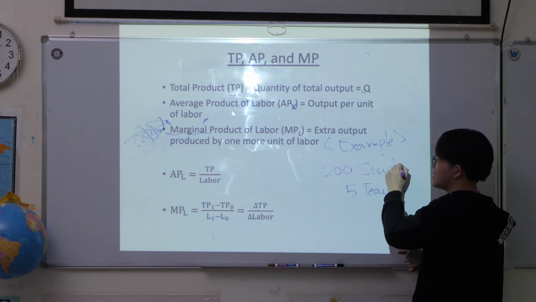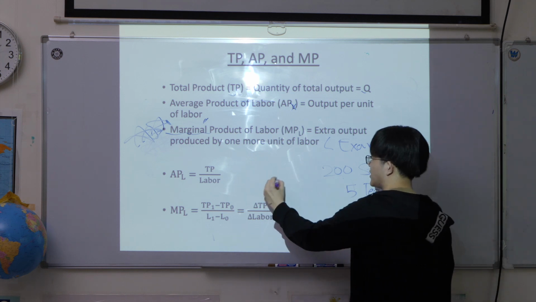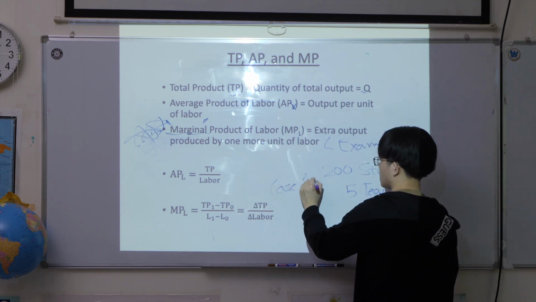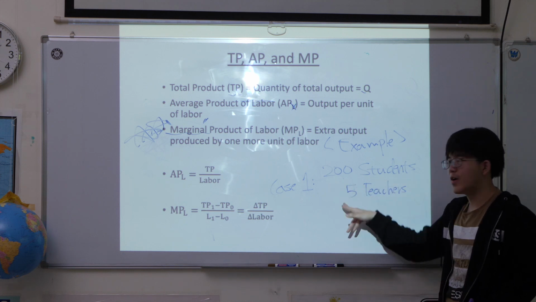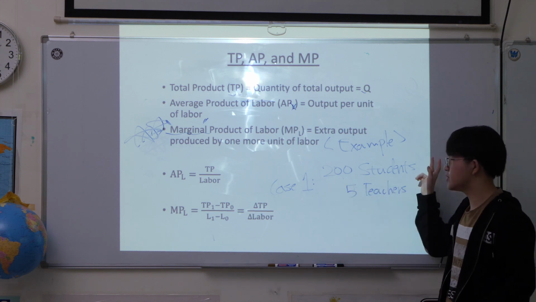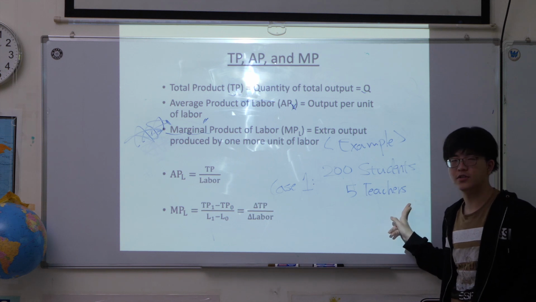It's an ideal case. This is case 1. We have 200 students for 5 teachers.